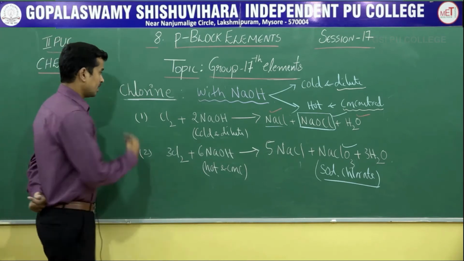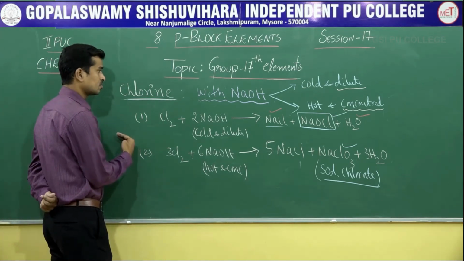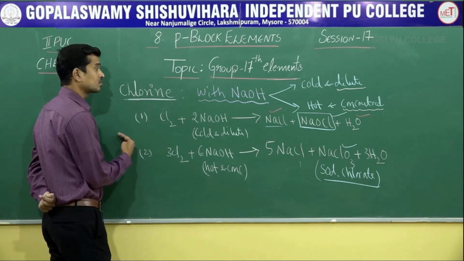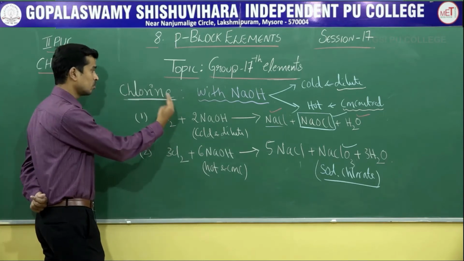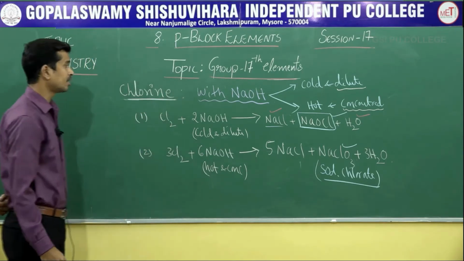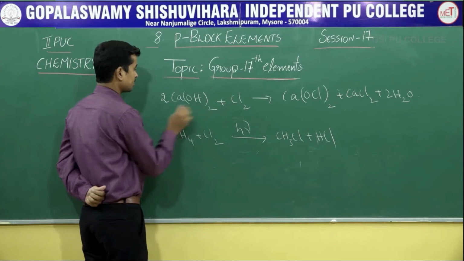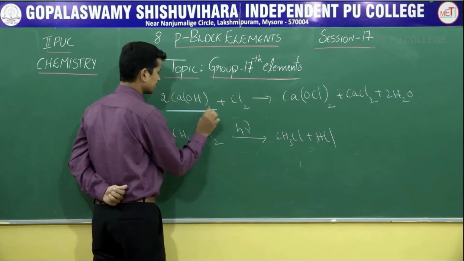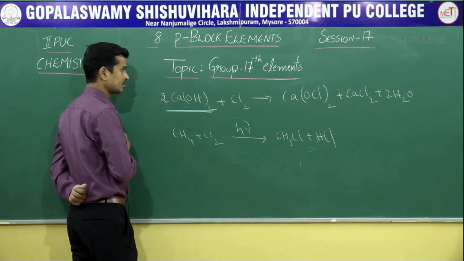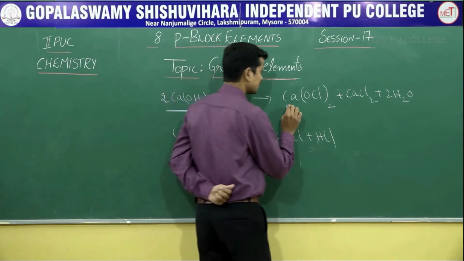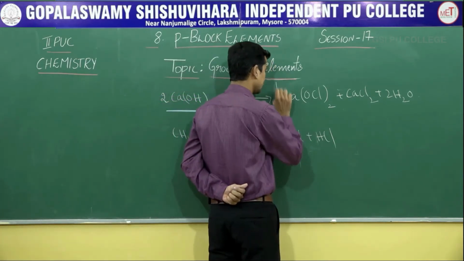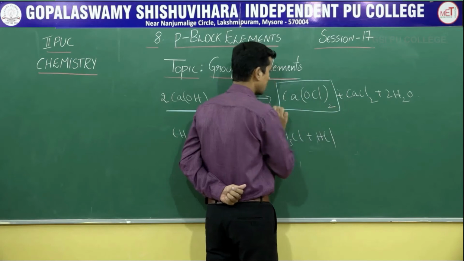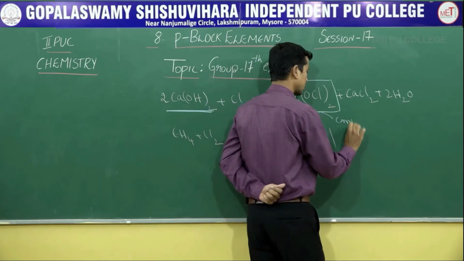Okay. Next, reactions with calcium hydroxide. Chlorine reacts with calcium hydroxide, 2Ca(OH)2, to give what? Calcium hypochlorite. This is a component of bleaching powder.